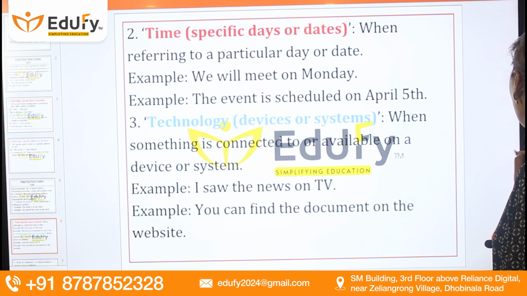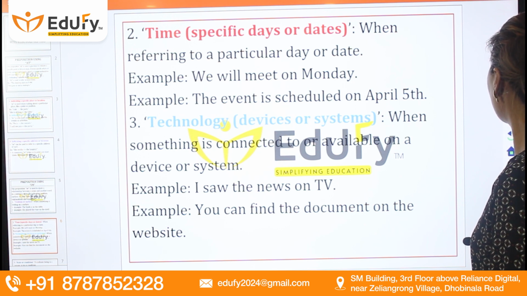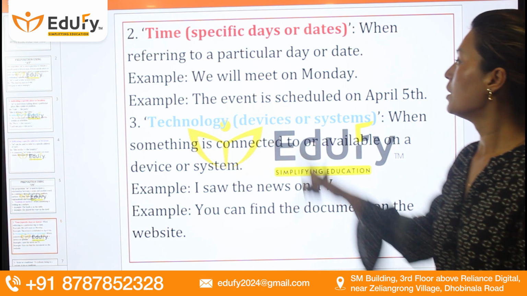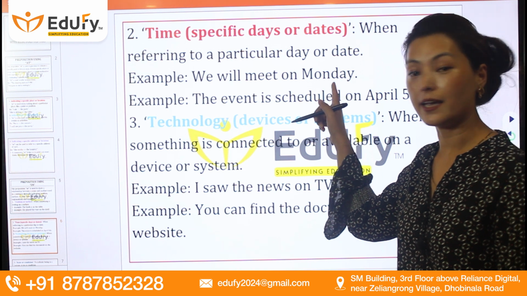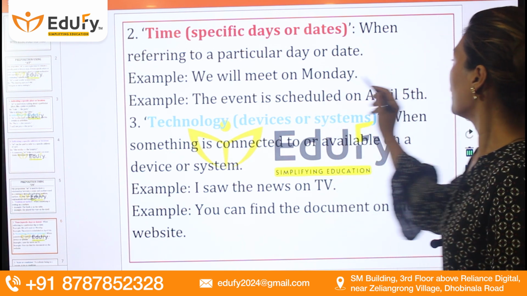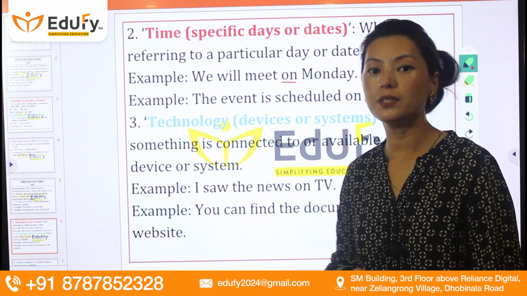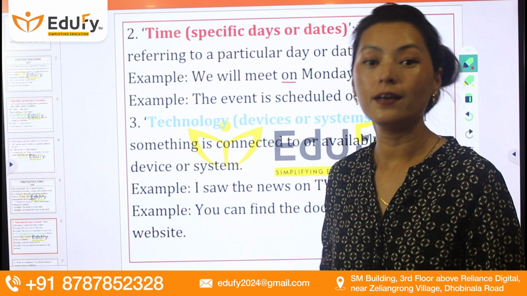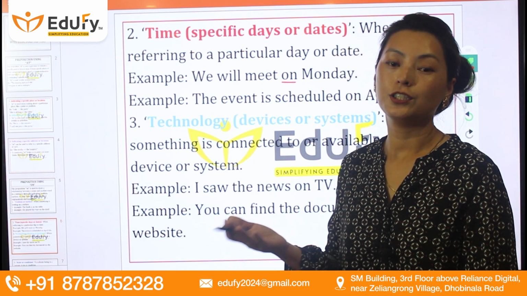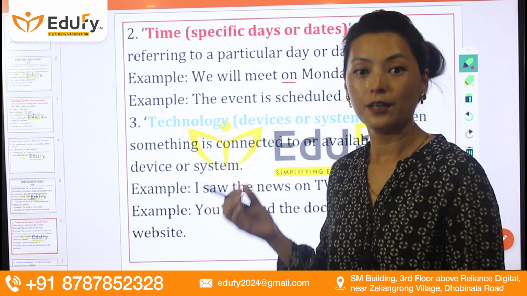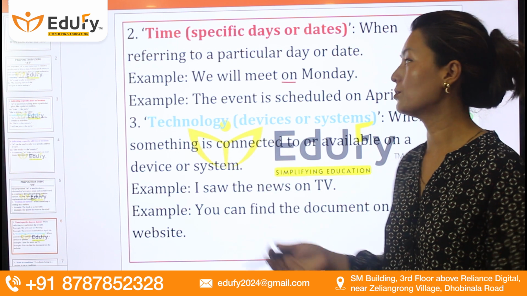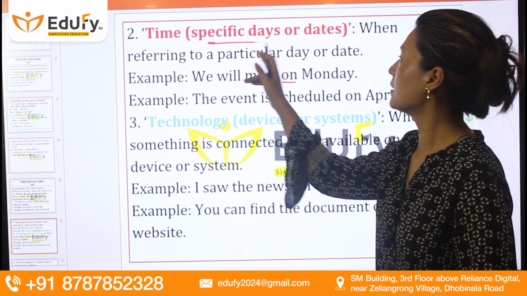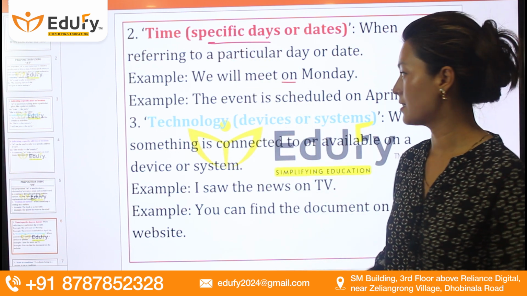Why have I written on? Because it is referring to a specific day, and that is Monday. If you have a friend who is meeting you Sunday, then you will have to write, she will meet me on Sunday. So on will be used to talk about a specific day or dates.